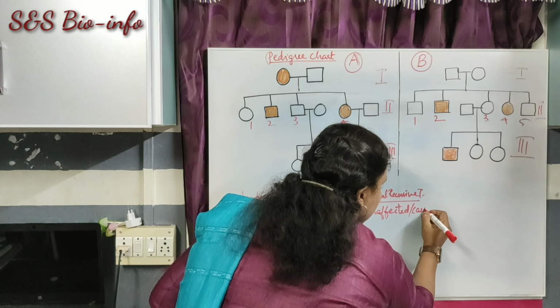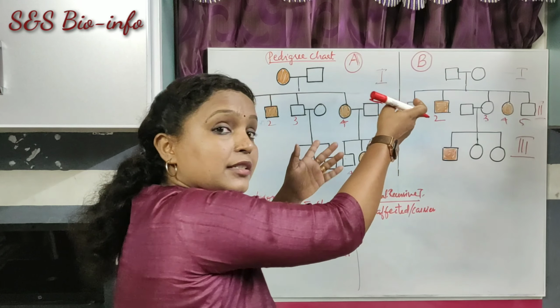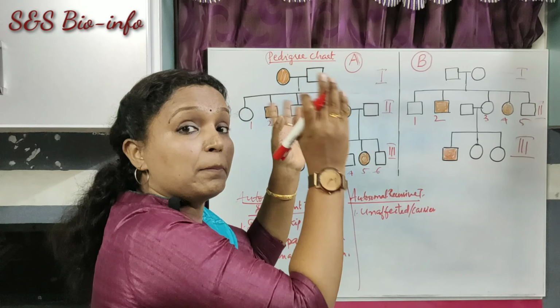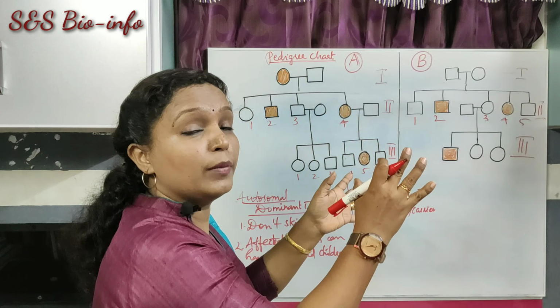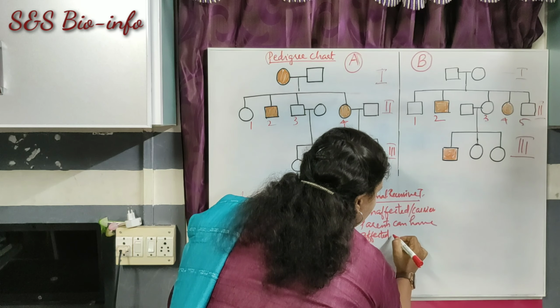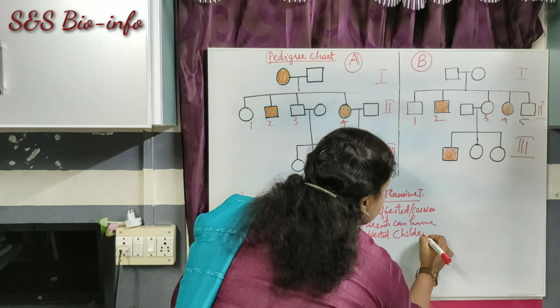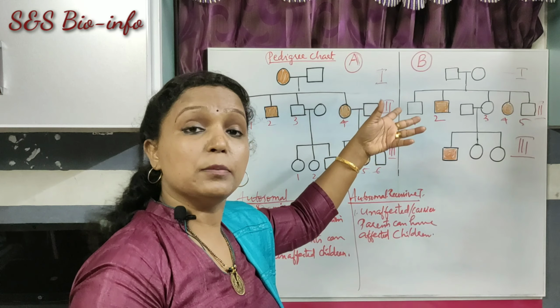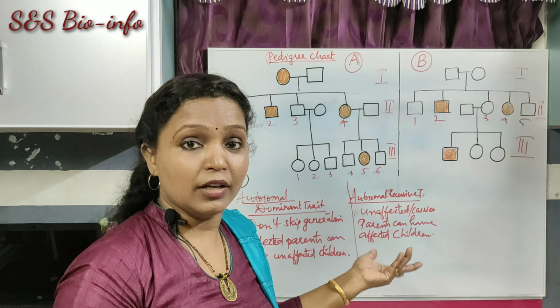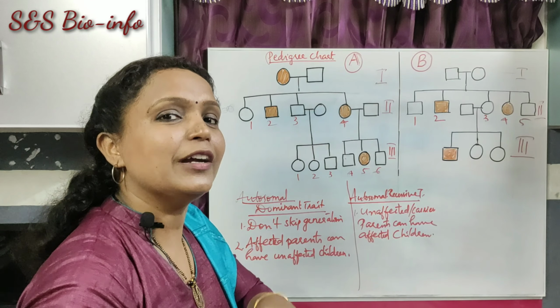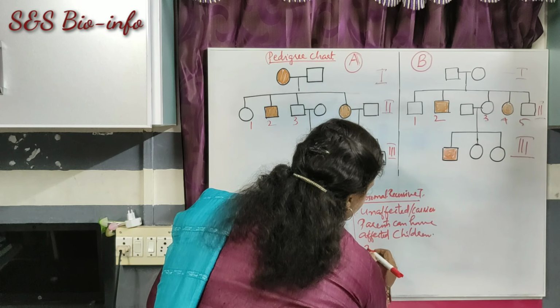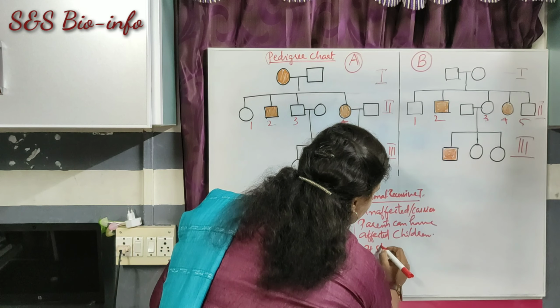Sometimes the carriers may not be represented in the pedigree; they appear as normal individuals in the pedigree chart. So unaffected or carrier parents can have affected children. Then it sometimes skips a generation, meaning it may not be present in one generation. It is not continuous. So the next clue: it skips generations.